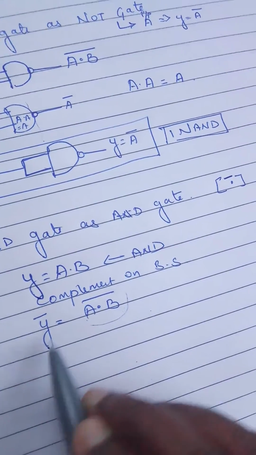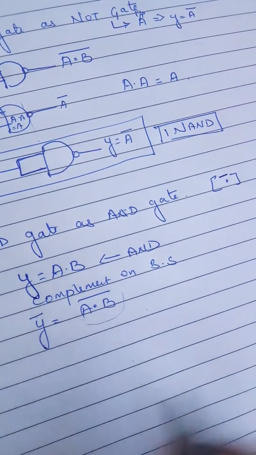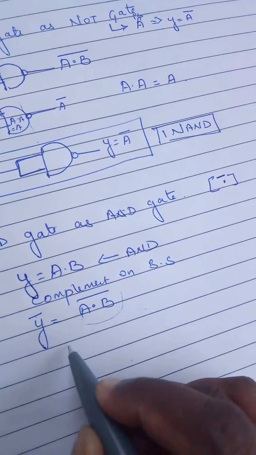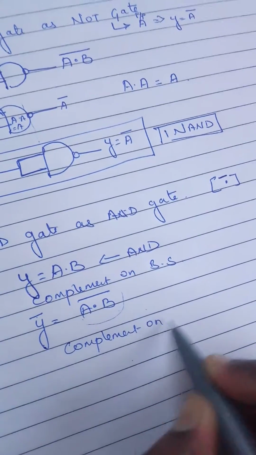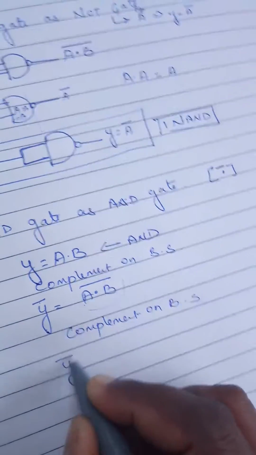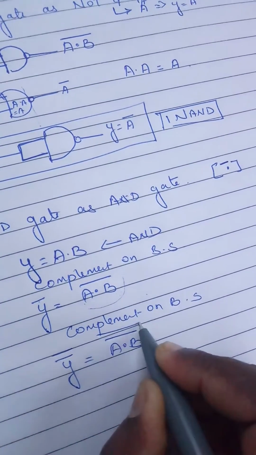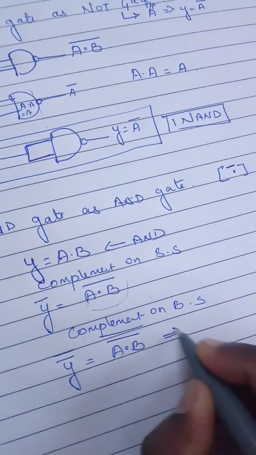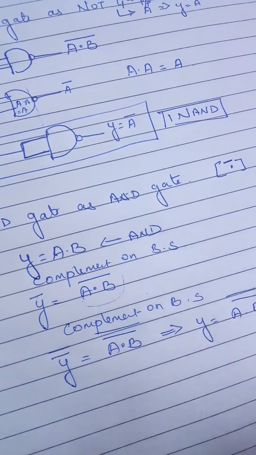I have y but in its complement form, but y should be in its original form. So to get it in its original form, complement it again on both sides. When you complement it again on both sides, you get y double bar, which is equal to (A dot B) complement and whole complement, which implies y is equal to (A dot B) double complement.